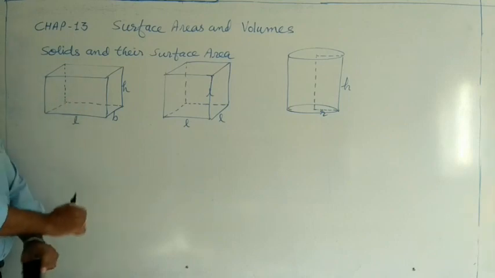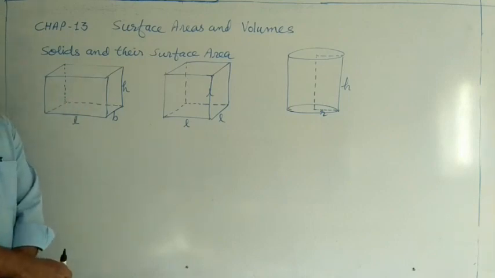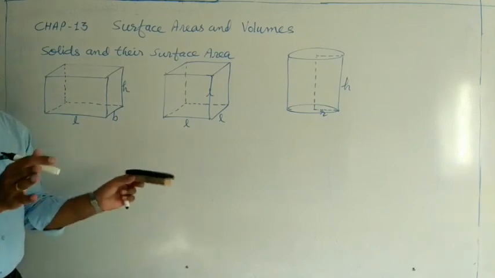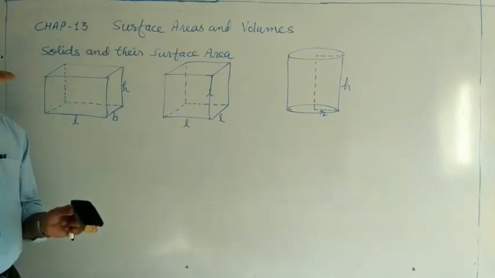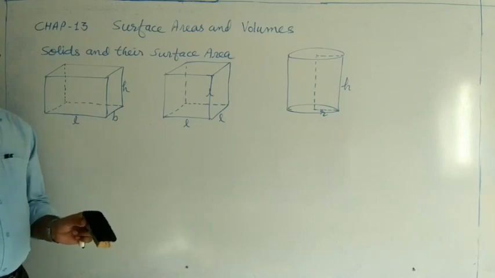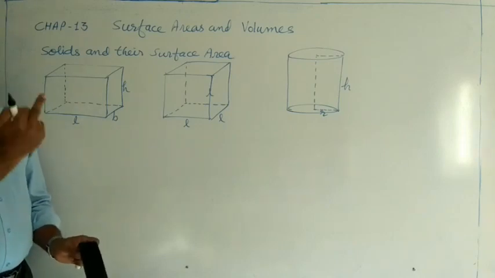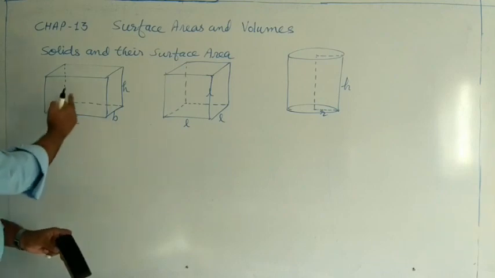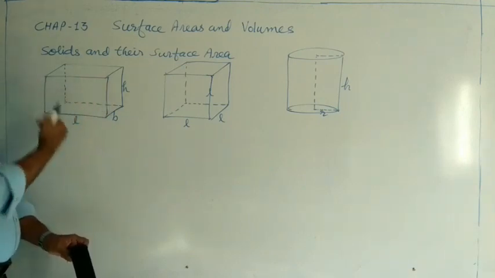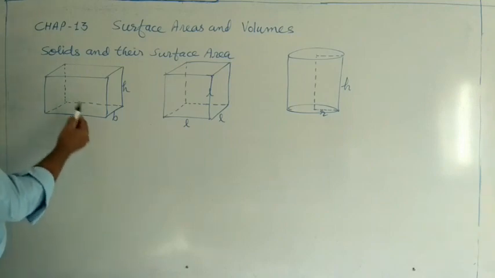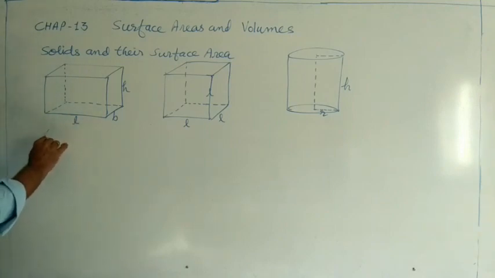Just like you see, for example, in a room of a building there are 6 surfaces: ceiling, floor and 4 walls. So when we say the area of 4 walls, that means the lateral surface area of 4 faces of this cuboid. So let us start with this lateral surface area of cuboid.